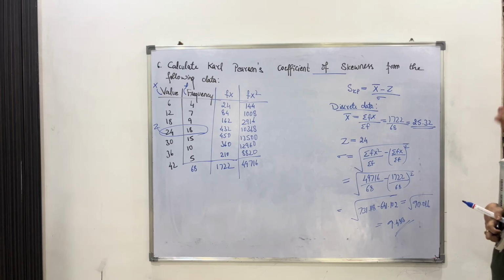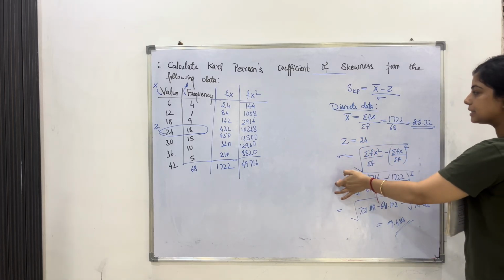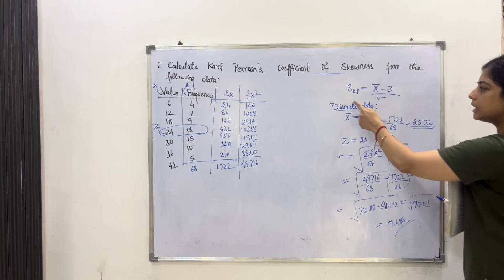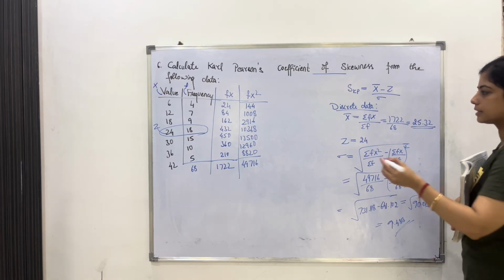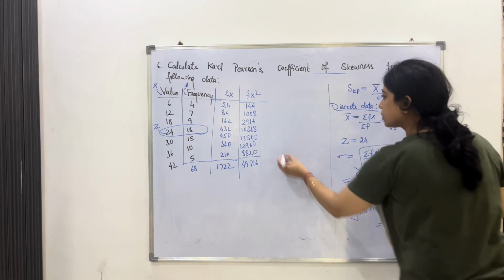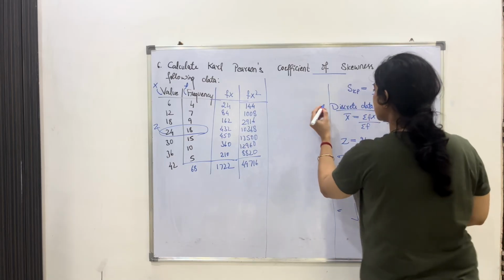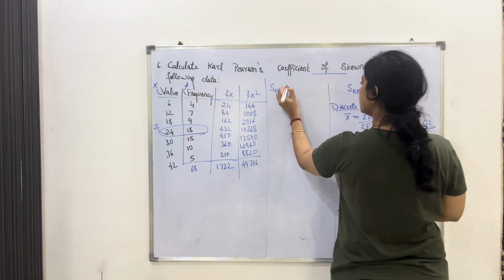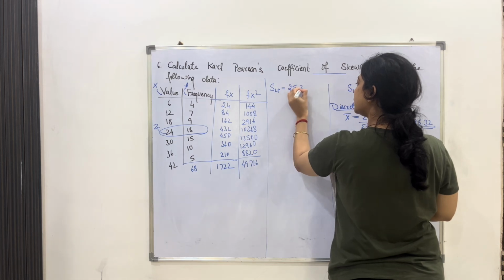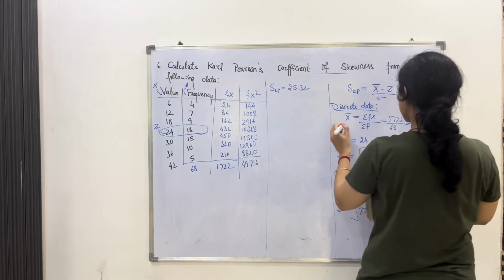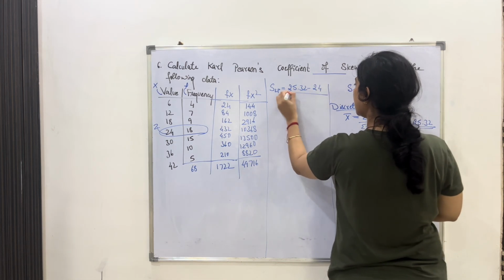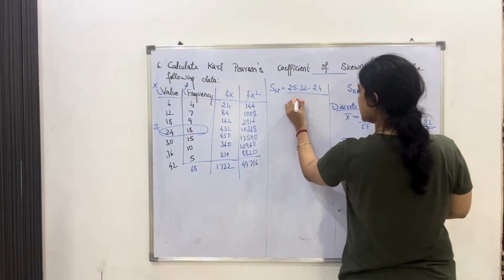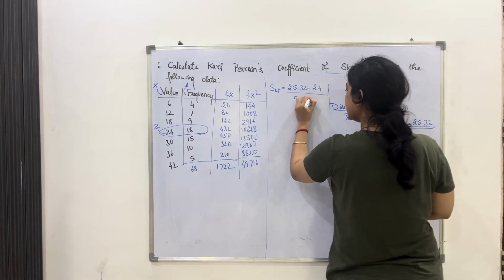So since we have got all the three, mean, mode and standard deviation, let us substitute back in the formula and get the answer. So the answer for SKP is equal to mean 25.32 minus mode 24, divided by standard deviation 9.488.